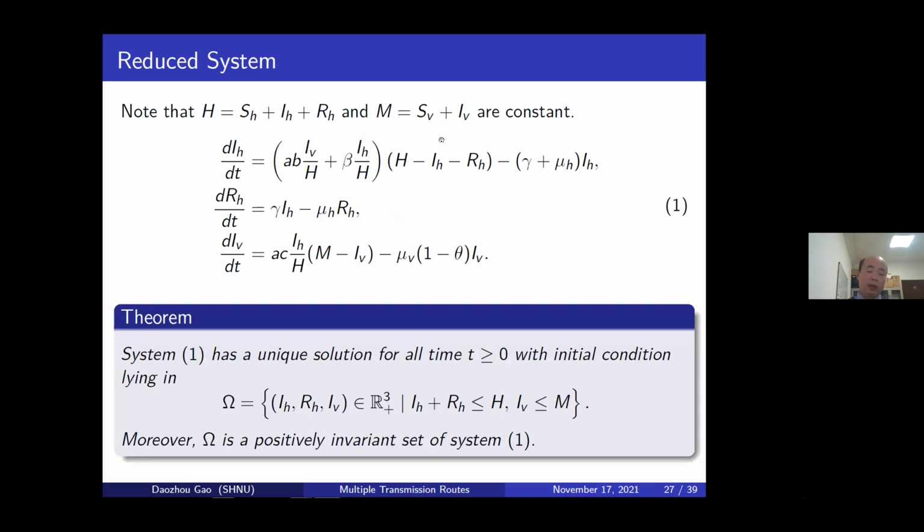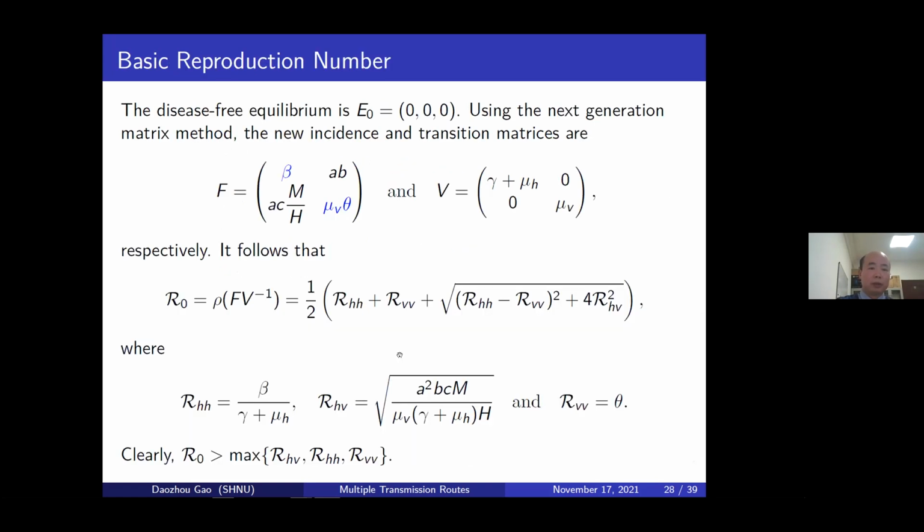So the model system can be reduced to a three-dimensional system, and we only need to study this three-dimensional system if we want to study the disease dynamics. It's easy to show that the model system is well posed, and omega is positively invariant for this model system. So we only need to consider the model system in omega. That's very simple.